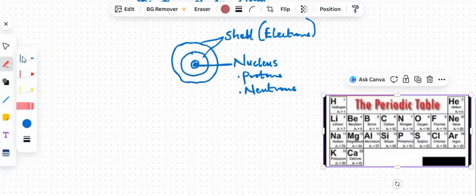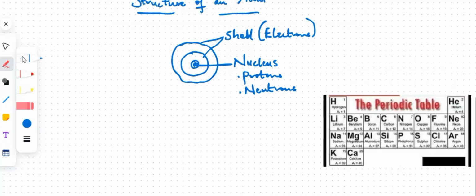That is why hydrogen is the first, because it has atomic number 1. Helium is the second, and so on. So what does atomic number mean? Let's find out what it means.